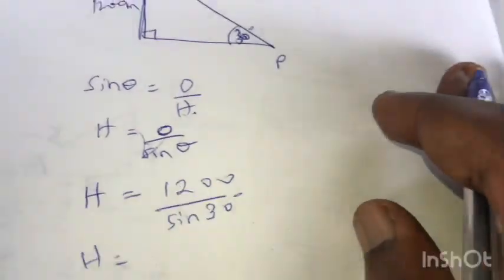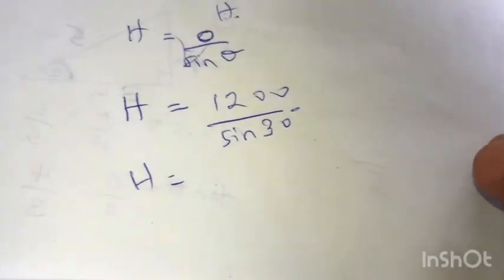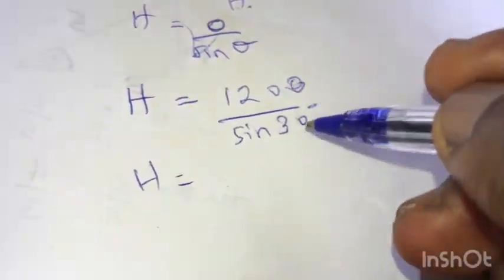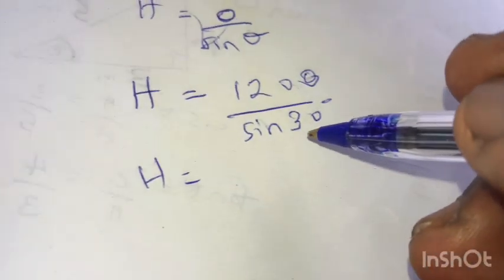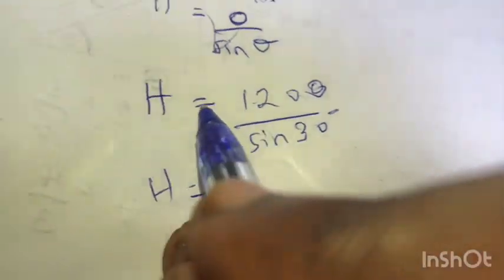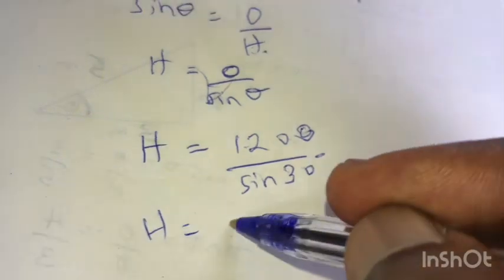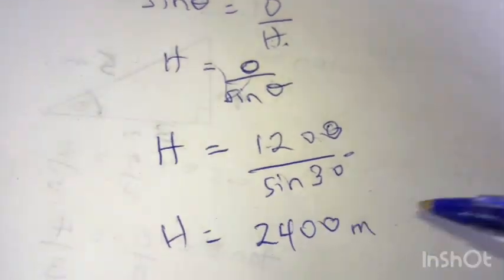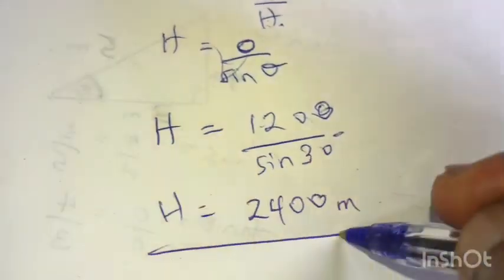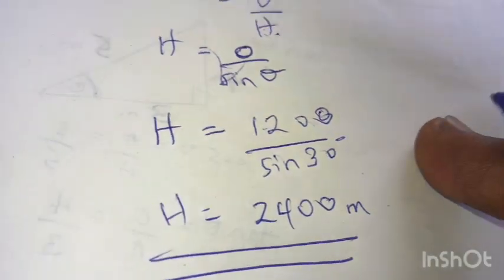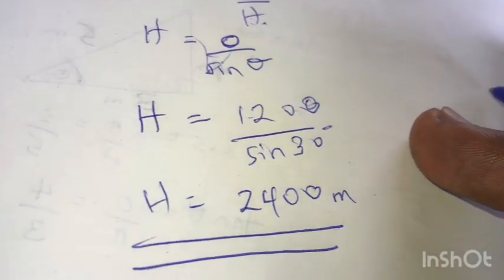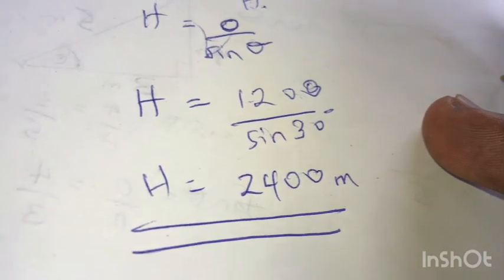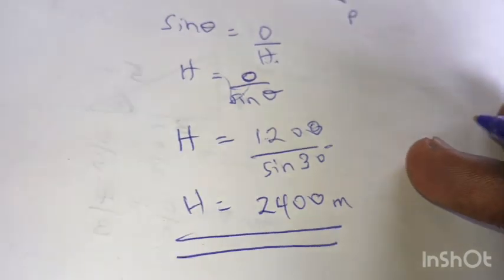So hypotenuse is 1200 divided by sine 30. Sine 30 is half, so 1200 divided by half gives 2400 meters. This is how far the airplane is from P by line of sight.